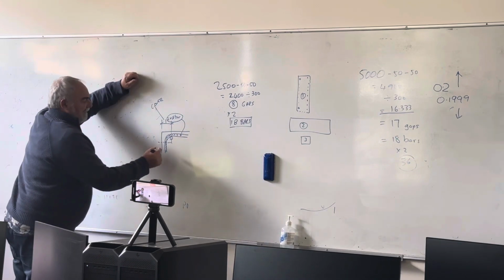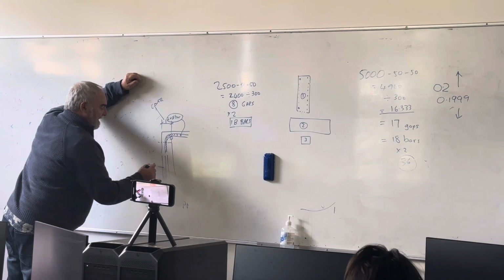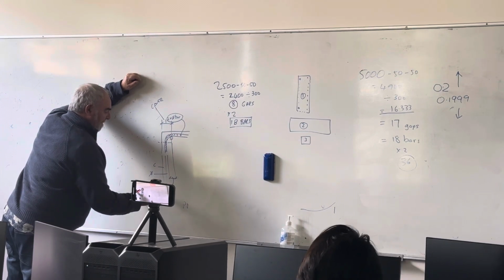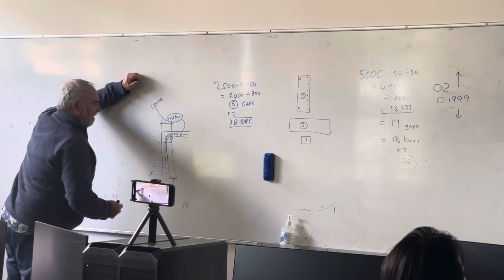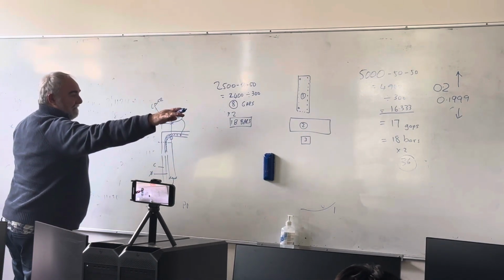So just to get that straight, down here, you've got cover, you've got 1 diameter, and you've got 2 diameters. Cover, and you've got the same at the other end.